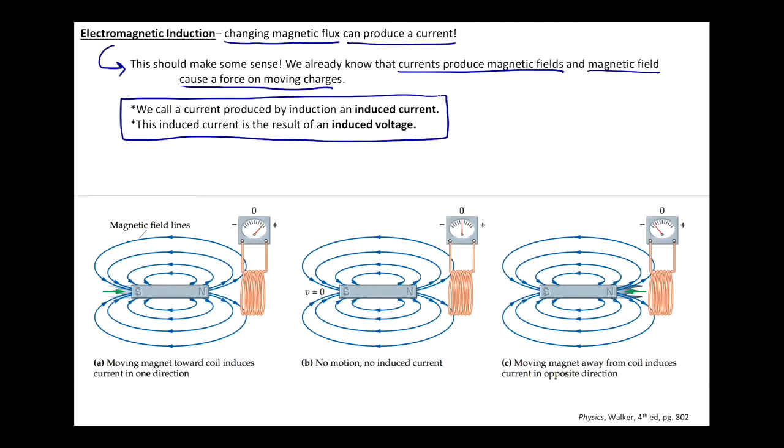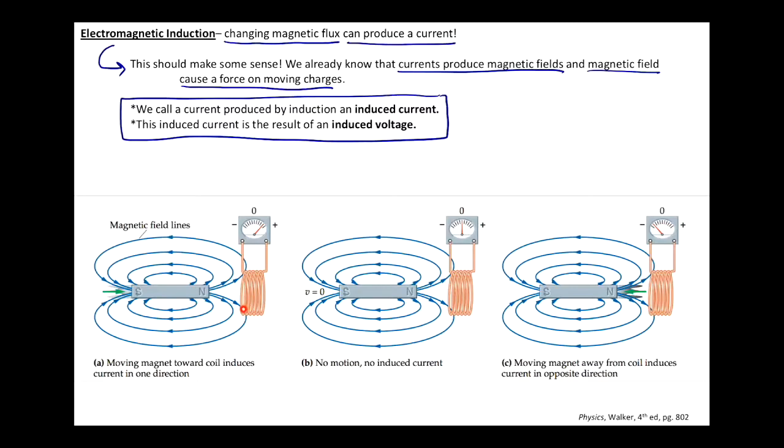As it gets closer, you can imagine more and more magnetic field is passing through the loops, which means that the magnetic flux is increasing. There's more and more magnetic flux as this bar magnet gets closer. That's a changing magnetic flux, which results in a current moving around this loop of wire and through that meter.